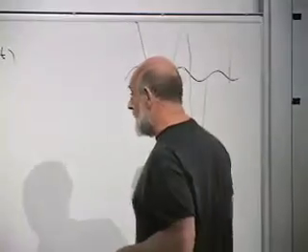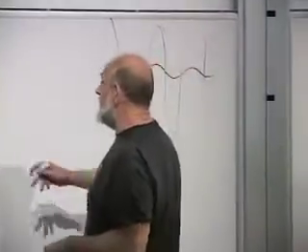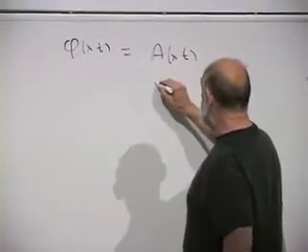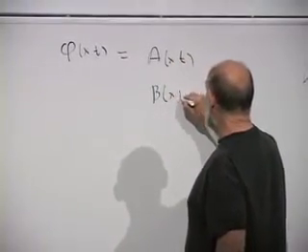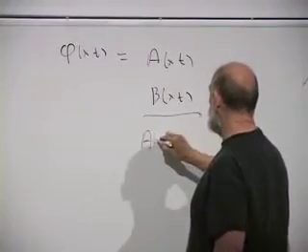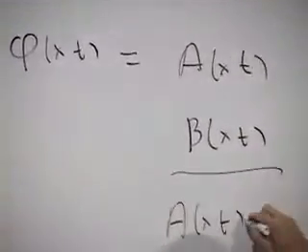Right? That's one statement. The more interesting statement is that if you have two solutions, a of x and another solution b of x and t, then the sum of the two of them is also a solution.